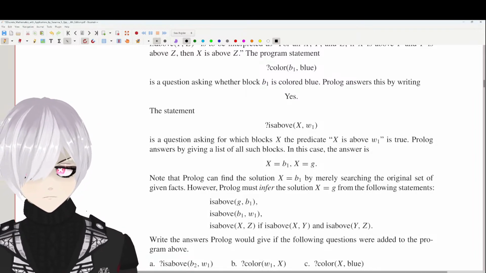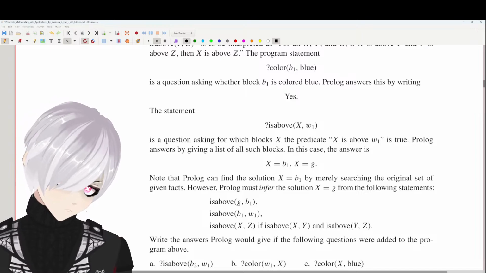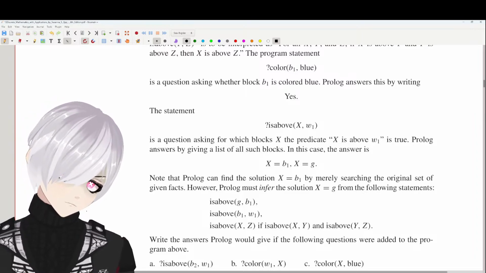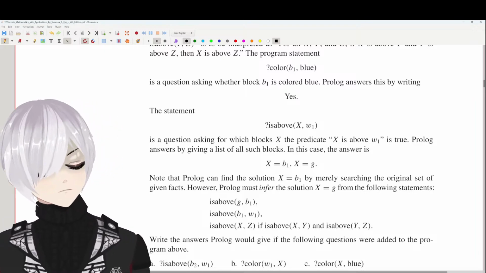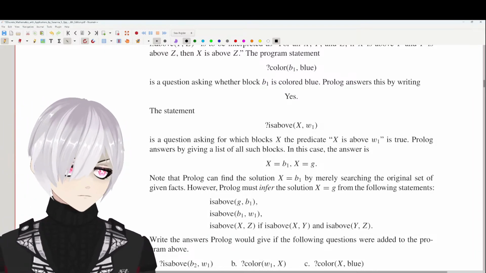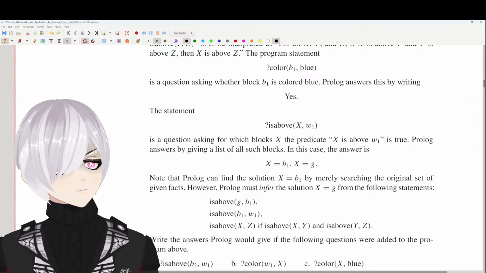So write the answers Prolog would give if the following questions were asked to the program above. Question: is above B2 W1. Let's see. B2 above W1.